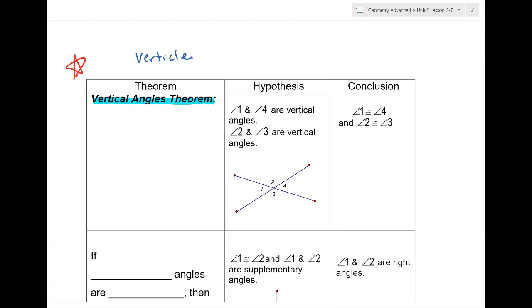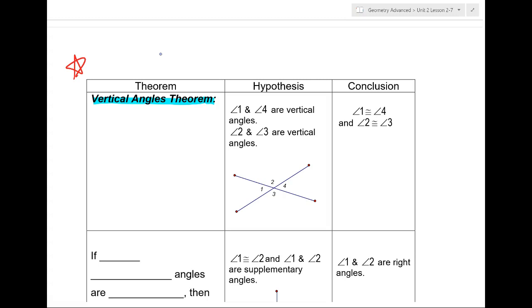Could we try not to do that? I understand spelling might not be your forte, and I'm sorry it doesn't automatically correct like on your Word documents. But if the word is right before you, could you please spell it correctly afterwards? Just good test taking skills. I just thought I'd let you know, but verticil is not a word. Vertical is. Got it? All right. Just making sure we're there. Some of you are laughing because you know you were the one who did that. So stop, okay? But can we just at least try to spell it right?